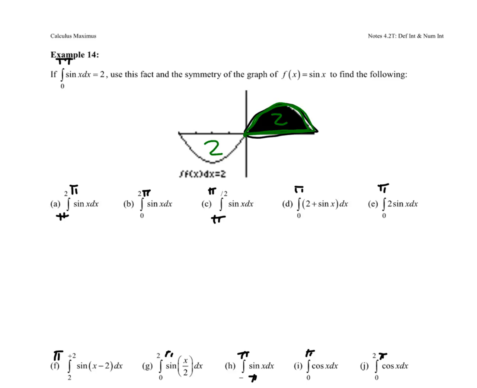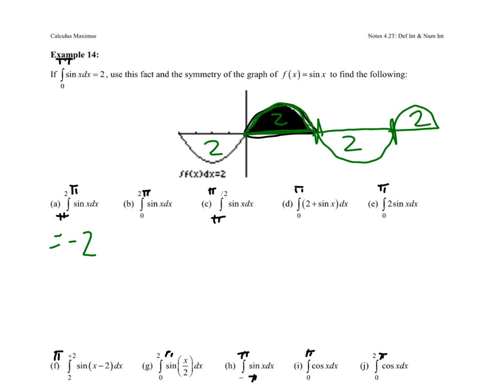Okay, so if we continued this graph from pi to 2 pi, we would see that this would also be 2. And we can kind of continue that pattern on. I didn't draw it very accurately, but that's okay. So if I go from pi to 2 pi, that's going to be negative 2 because we're below the x-axis.